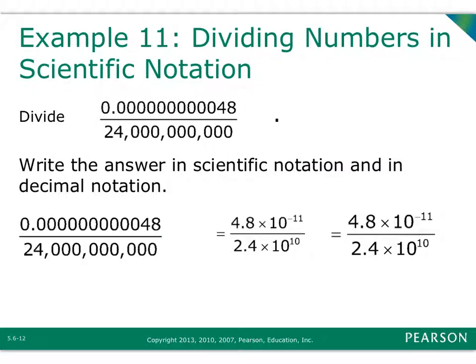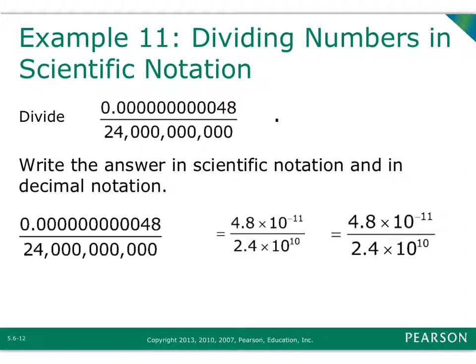So now we divide two numbers with a lot of zeros in them. We're dividing 0.0000000000048 by 24 billion.